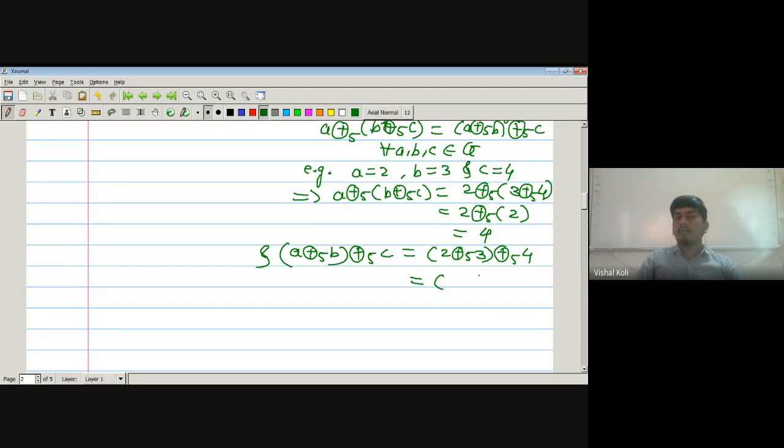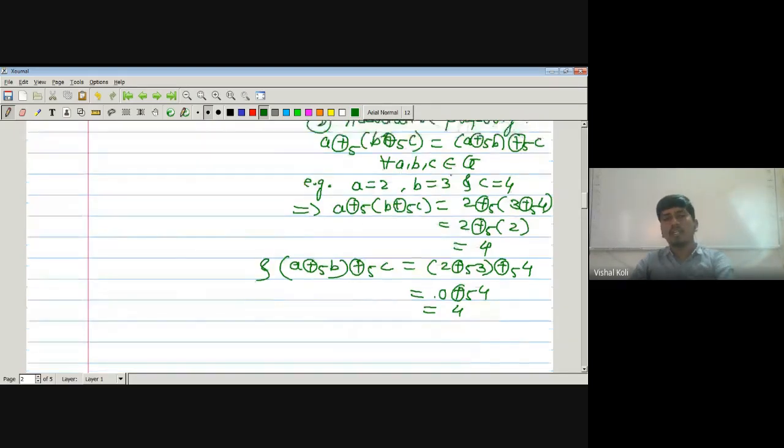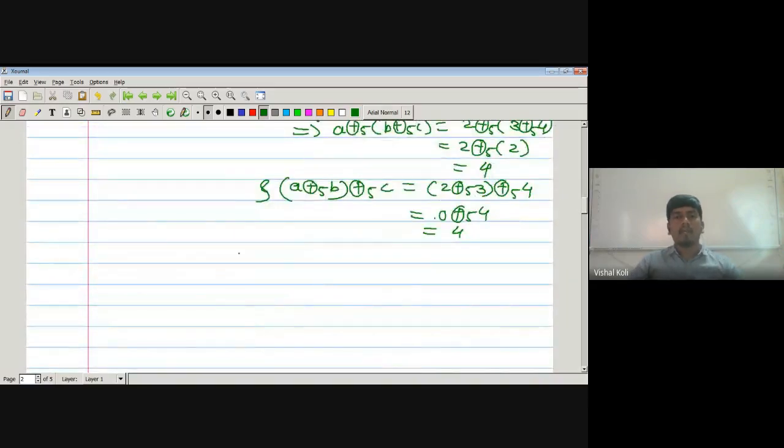And 5 under addition modulo 5, its value will be 0. Then 0 addition modulo 5 4 is nothing but 0 plus 4, and 4 is less than 5, so its value will be 4. Therefore, both are the same. As 4 is equal to 4, the right hand side is equal to the left hand side. Therefore, it holds the associative property.